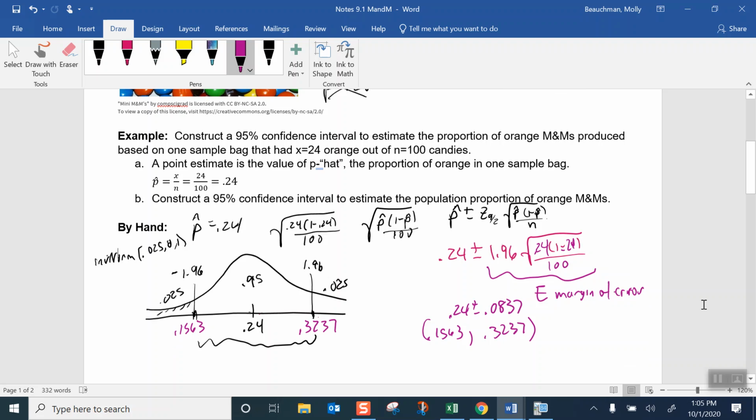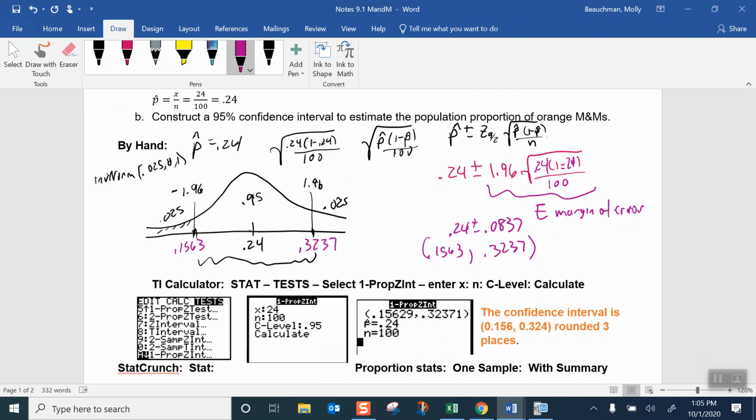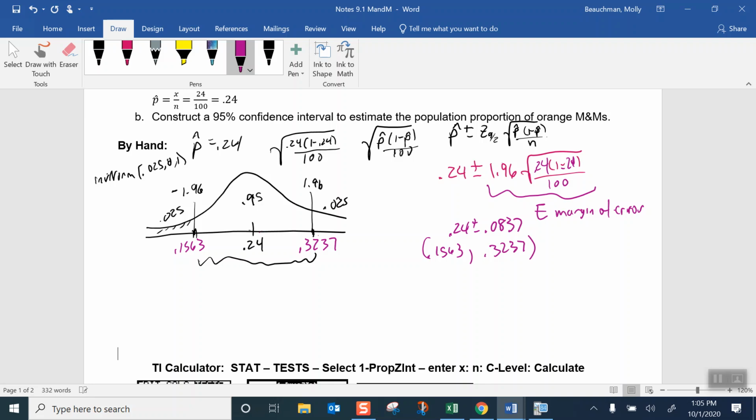That means based on my bag of 24, or out of 100, I'm estimating what I think the true population is. How do I do that? I construct a standard error. 95% confidence means I'm going to go 1.96 standard deviations either way, and I end up with this interval.